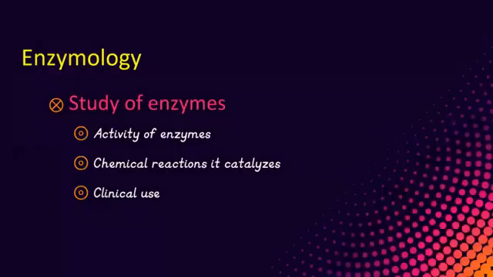Okay, so enzymology. This is the study of enzymes. What are the activities of the enzymes? What are the chemical reactions where enzymes are involved? And what is the clinical use of these enzymes?